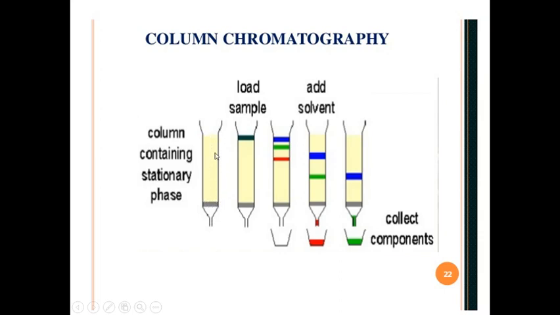The stationary medium is poured into the column and fills it properly, and after that you put your sample on the top layer of the stationary medium, and then you add the mobile phase, that is a solvent system.